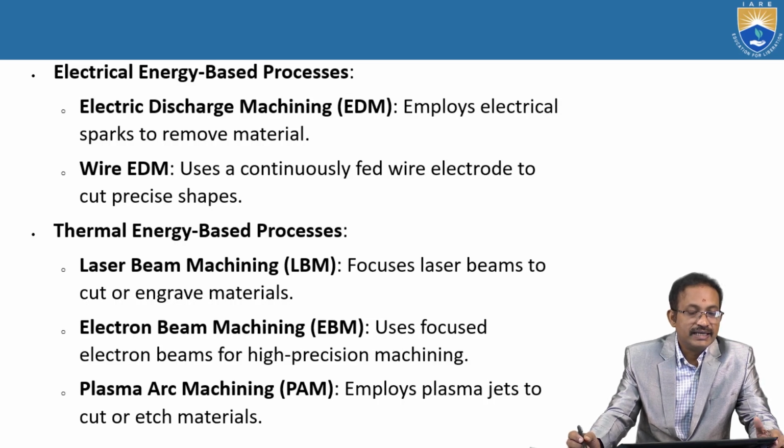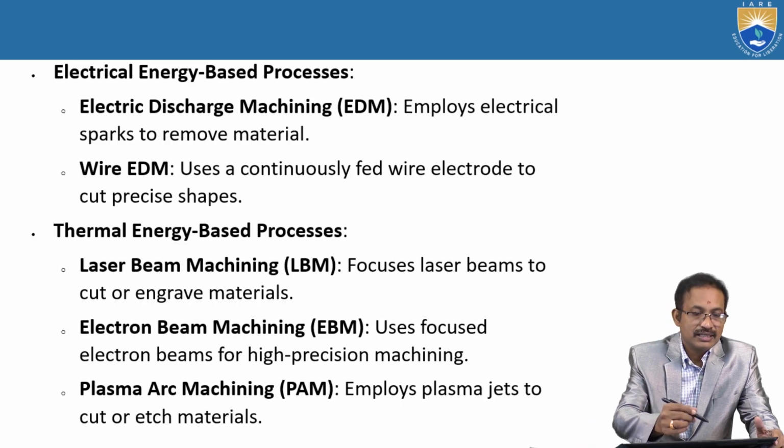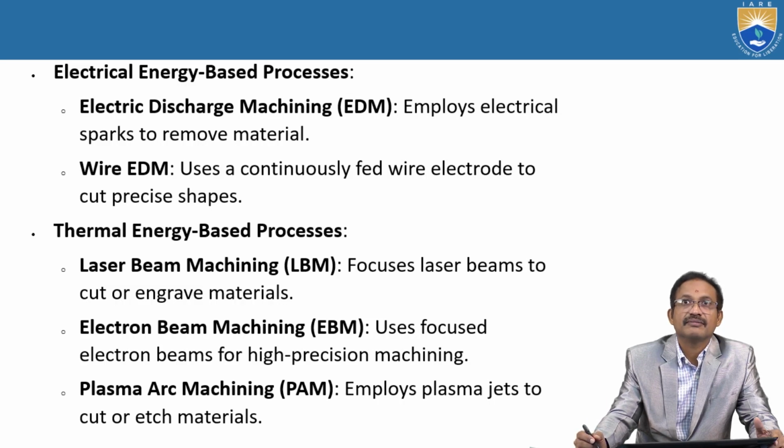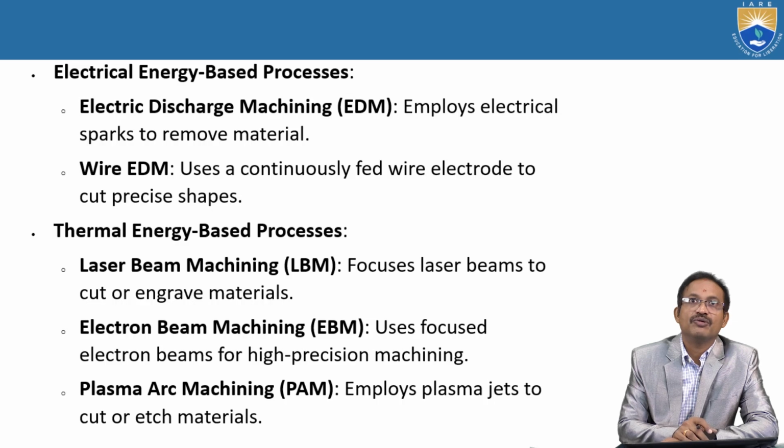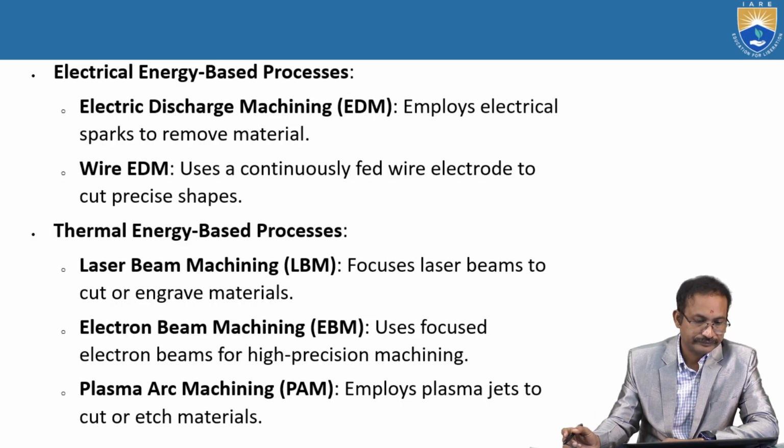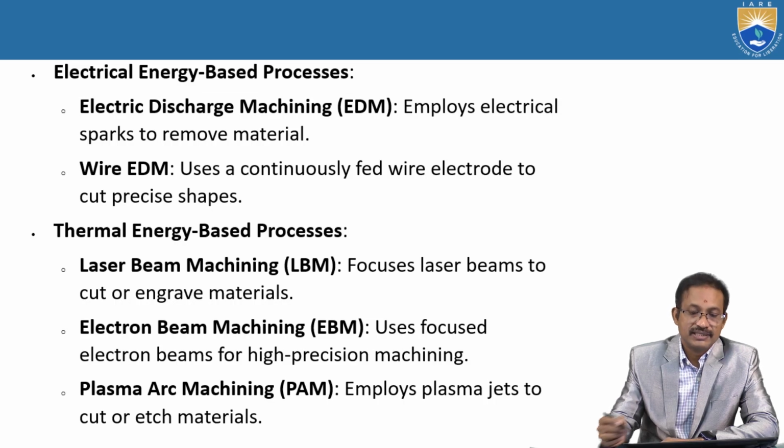Electrical energy based processes: electric discharge machining employs electrical sparks to remove material. Wire EDM uses a continuously fed wire electrode to cut precise shapes.